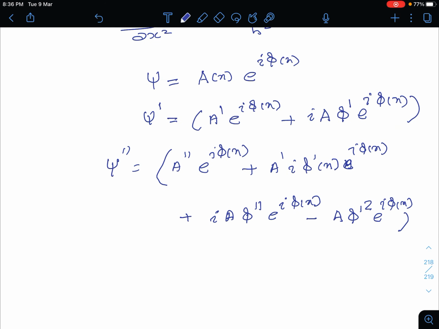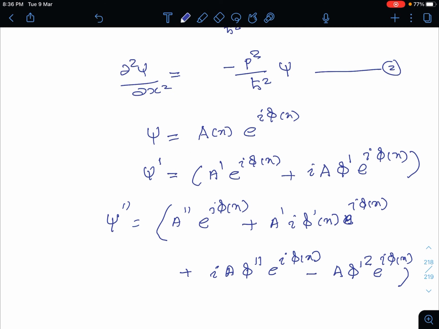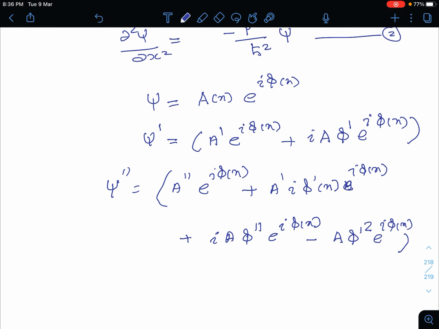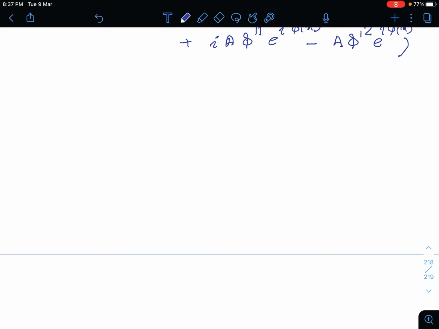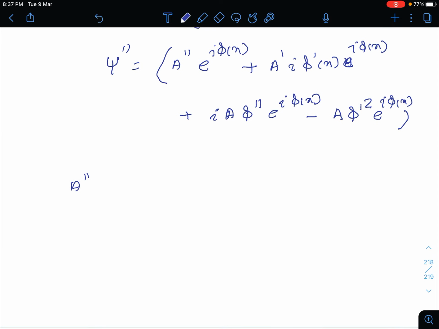So let's put all these things back into our familiar equation number 2. Put this back into equation number 2, you will be getting a double dash. I made a mistake.